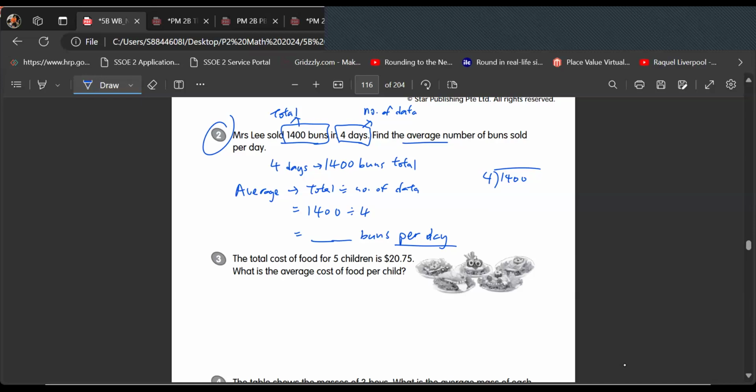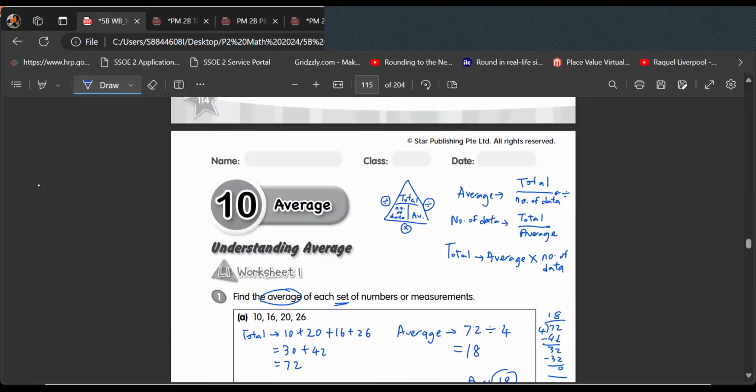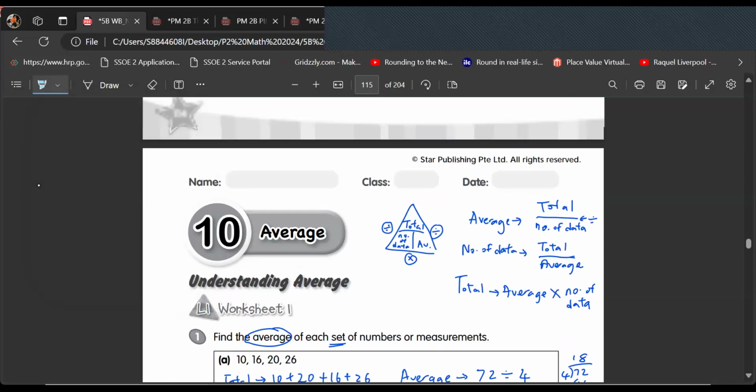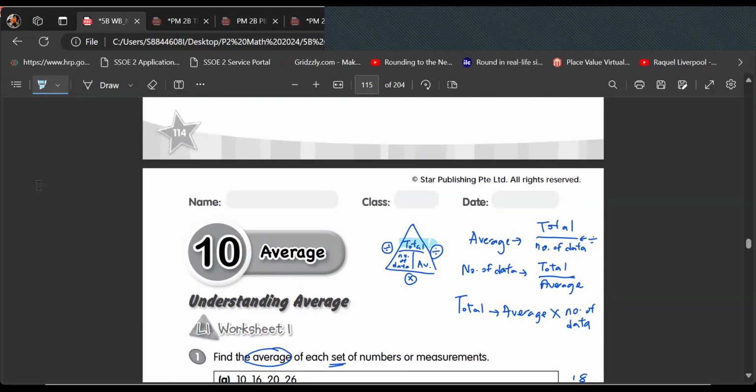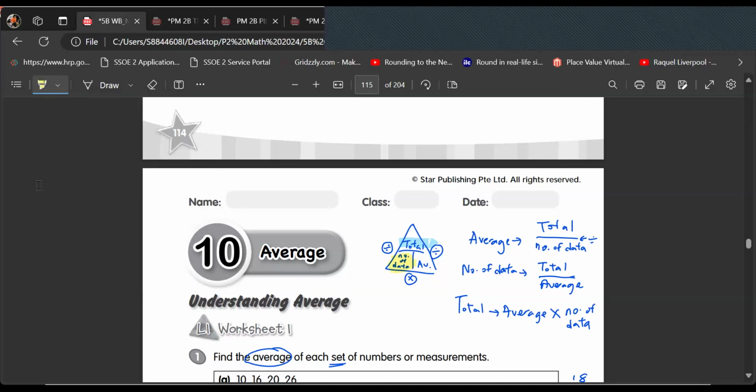So basically, you ask yourself, in the relationship triangle that is drawn here, which are the quantities you have and which are the ones you want? Here you have the quantity of total, the quantity of number of data, and the quantity of average.